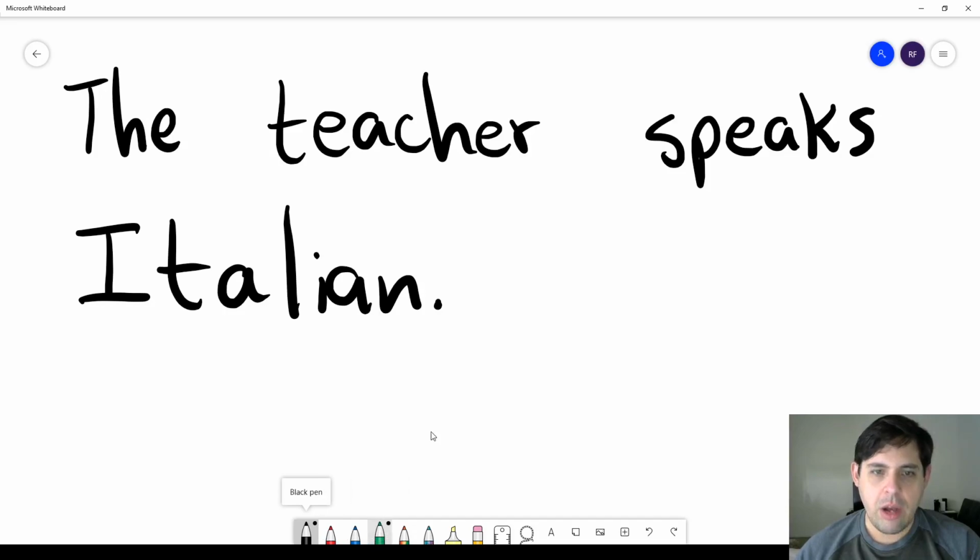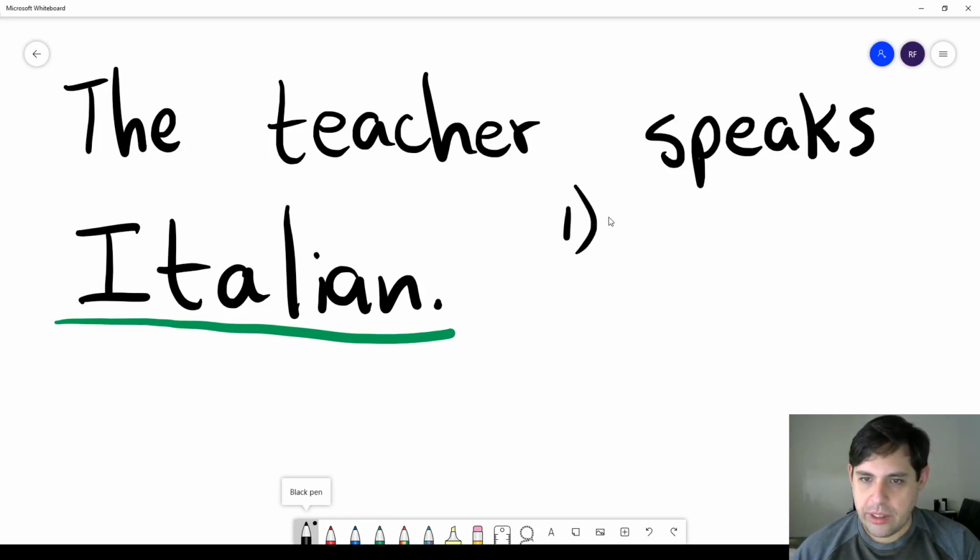Step number one, what is the object? Our object is Italian. Okay, so let's do that. Step number one, what is the object?